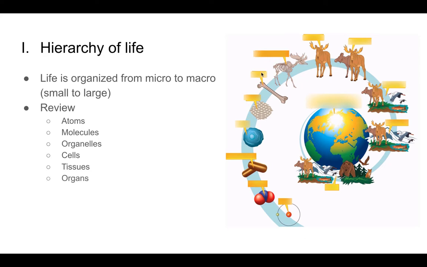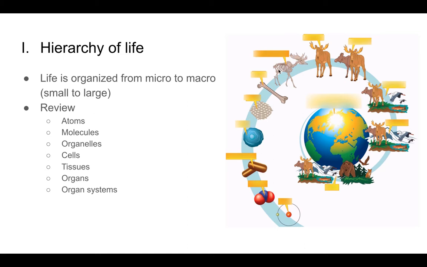Tissues pull together and create organs. Now, I know that sometimes we don't think about a bone being an organ, but actually it is. It is made of living tissue that is collectively serving a unified function. And then we gather organs together into an organ system, like this skeletal system here in the diagram.